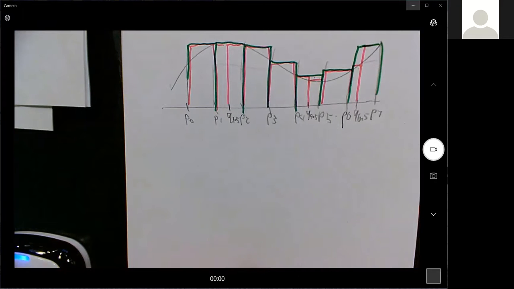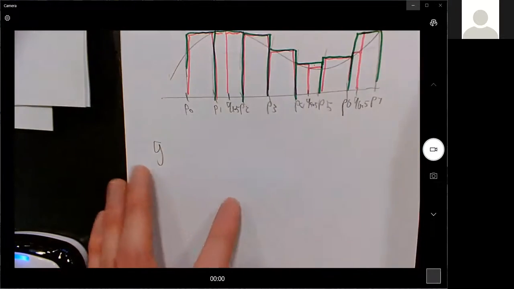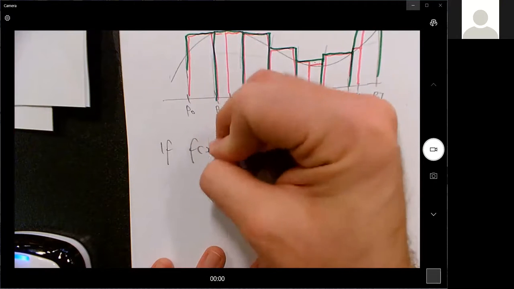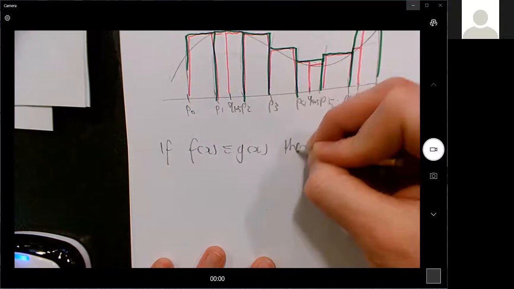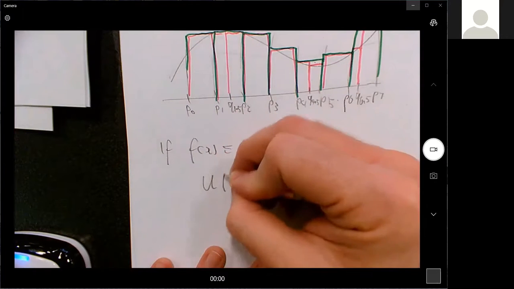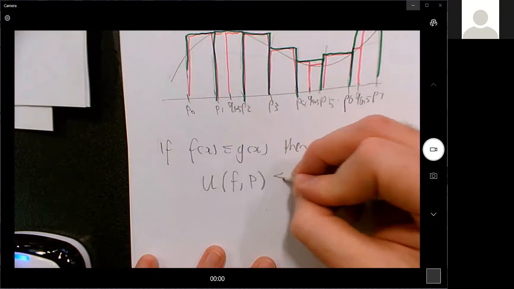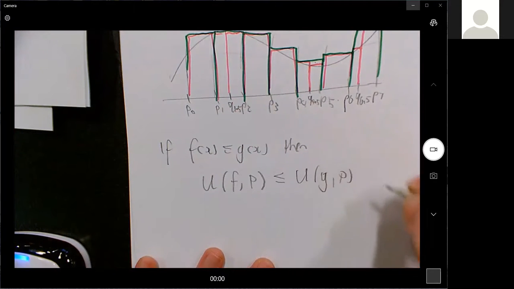So for this proof, actually, I just want to say something. You're telling me that given f of x is less than g of x, then the upper sum for f on P would have to be less than or equal to the upper sum for g on P for any specific partition.